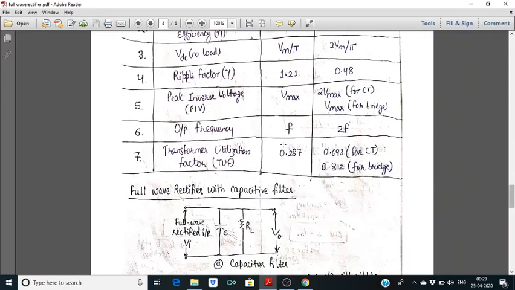Now output frequency is equal to input frequency only for half wave rectifier, while it is 2 times the input frequency for full wave rectifier, as we get pulsating DC for both the cycles, so we are getting 2 times the input frequency. And transformer utilization factor is least for half wave rectifier, around 0.287, then 0.693 for center tapped, and it is highest for bridge rectifier, 0.812.